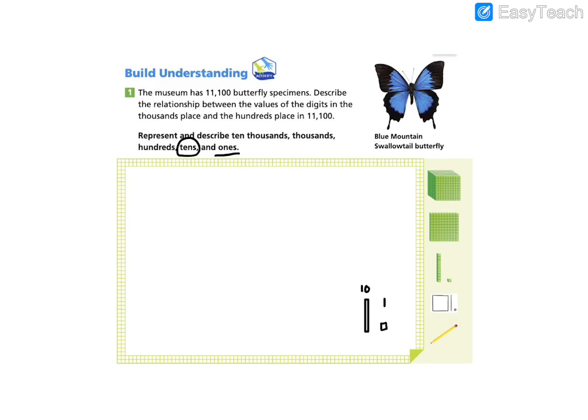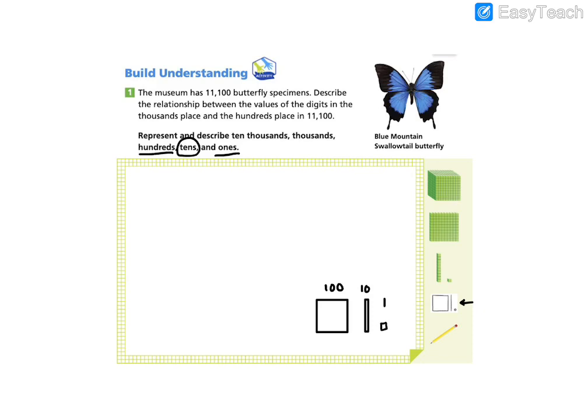And then when we think about 100, we know there are 10 tens in 100. So we can go ahead and show that as one of our flats, the 100. Okay, so those are the 3 that it's given us down here.